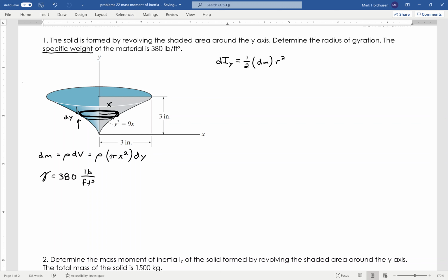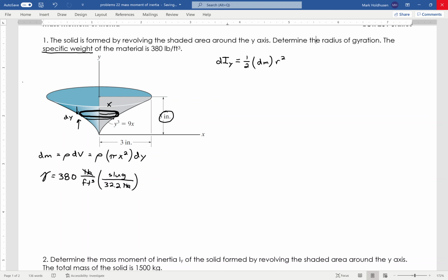Now, one slug is equal to 32.2 pounds, to convert from pounds to slugs, at least on planet Earth, okay? I also need to go from feet to inches, because again, you'll see that our units here are in inches. So I don't want to mess with the units or the equations there.